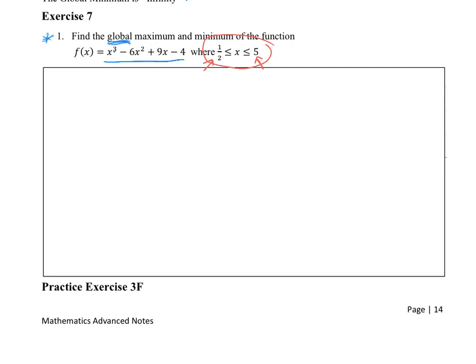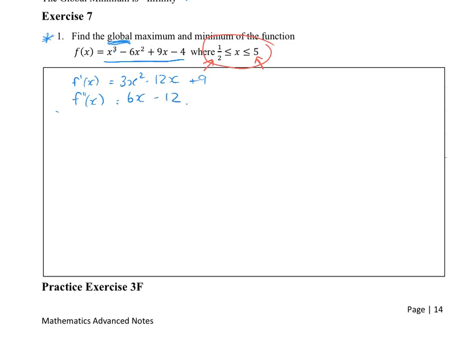So our steps are: find the first derivative, and that's pretty easy. 3x squared minus 12x plus 9. Then we find the second derivative, which is going to be 6x minus 12.